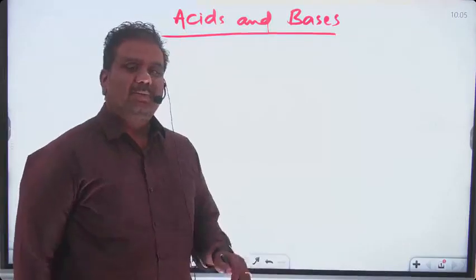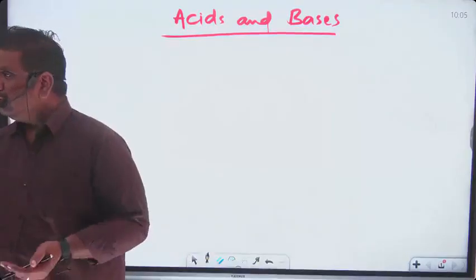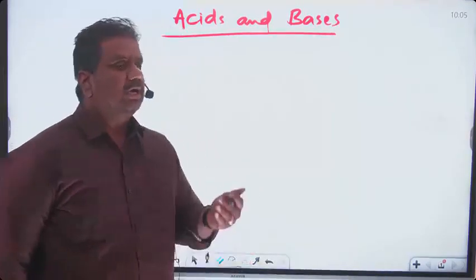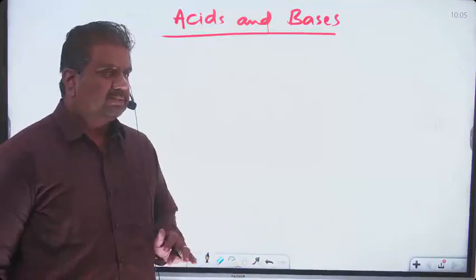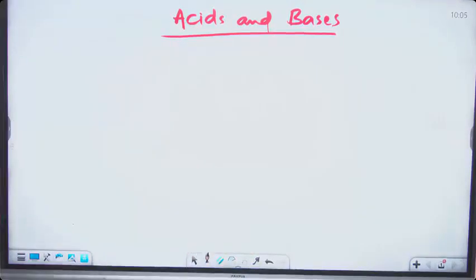And apart from that, take milk and curd. Even milk and curd have some amount of acids present in them. At the same time, take various types of fruits, maybe citrus fruits, apple, or watermelon.